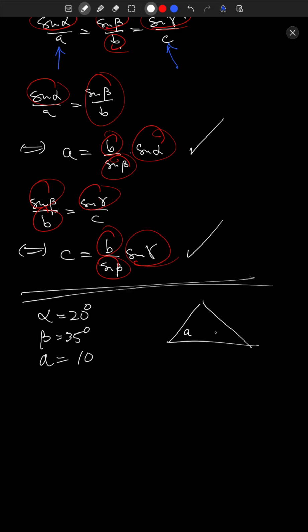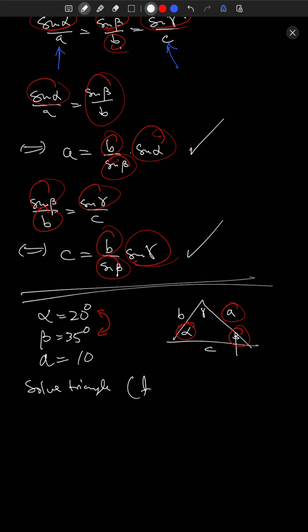So in this picture, we would have alpha, beta, gamma, A, B, C. We would know alpha, beta, and A to start with. But because the sum of the angles has to be 180 degrees, gamma has to be, let me write out the problem name. Let me write: solve the triangle.